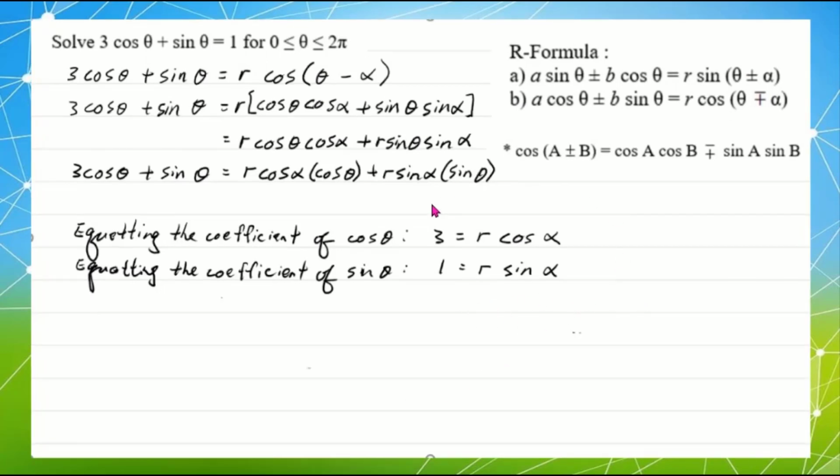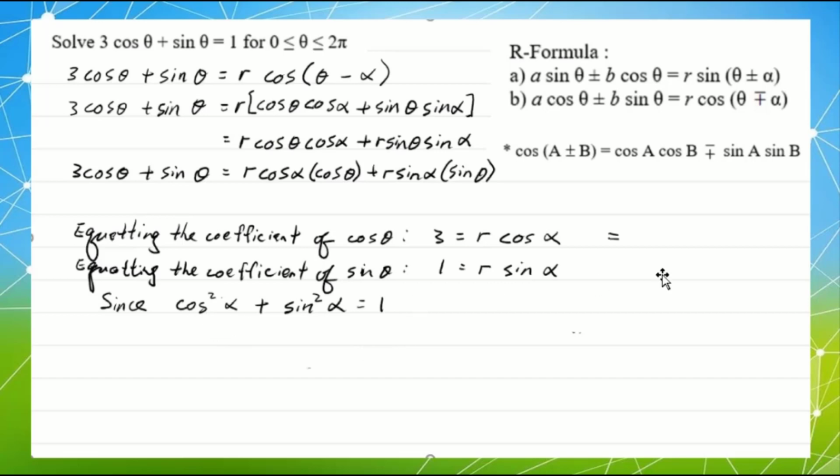Now we can use these two equations to find the value of R and alpha. First we find the value of R. To find the value of R, we need to cancel off cos alpha and sin alpha. To do this, we can use the formula cos squared alpha plus sin squared alpha equals 1.